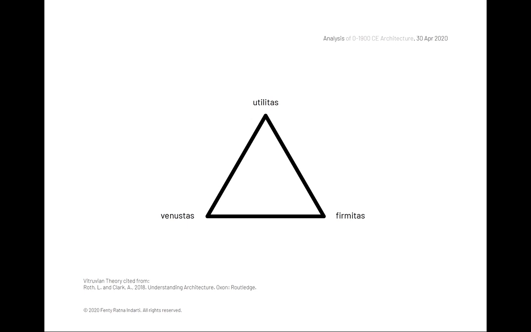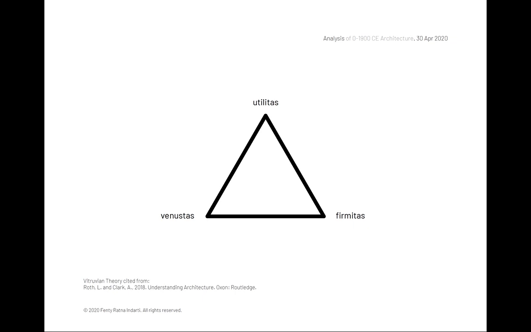So when you ask what is good architecture in the period between 0 until 1900, you can refer to Vitruvian theory. But if nowadays you ask what is good architecture and then refer to Vitruvian theory, it doesn't make any sense, because the discourse of architecture has already expanded.